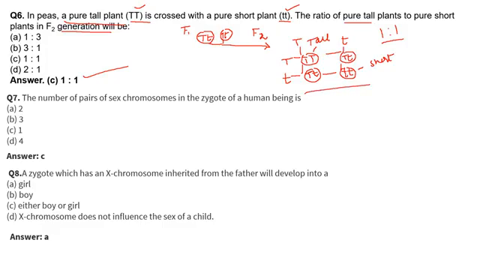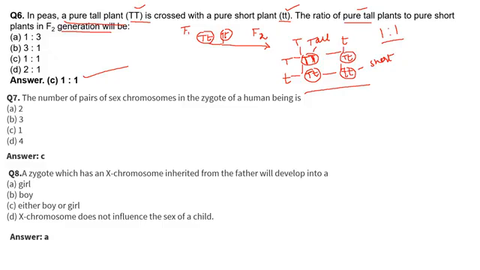But according to the question, they have asked the ratio of the pure tall and the pure short conditions. So for the pure tall and pure short condition, just remember that the genes have to be the same. Either both the genes are capital T, that is tall, or small t, that stands for short.